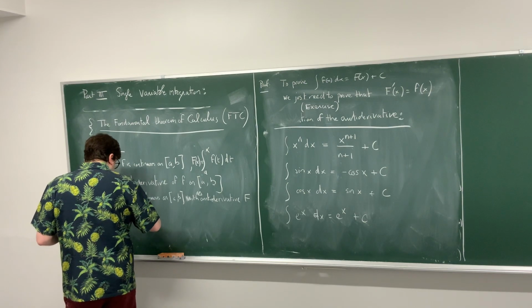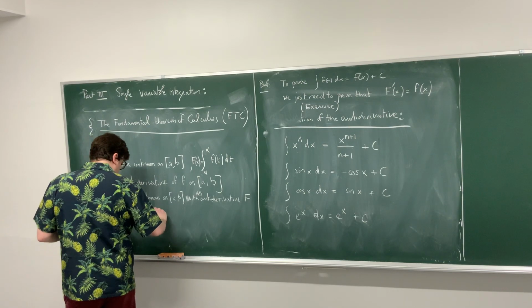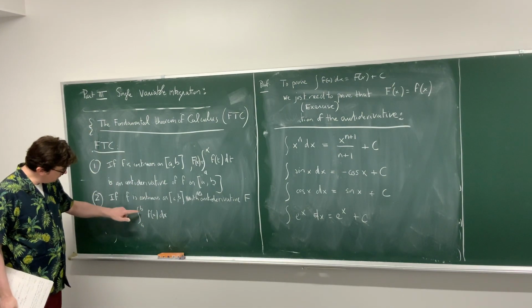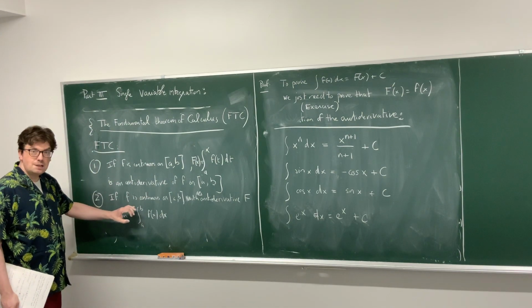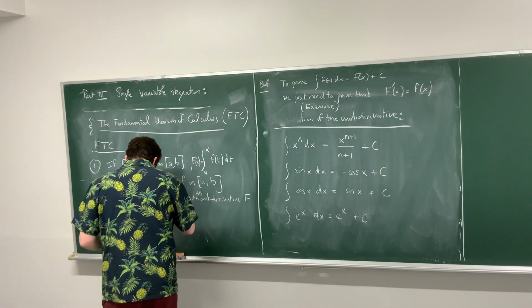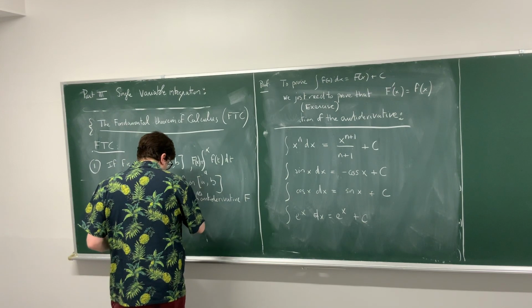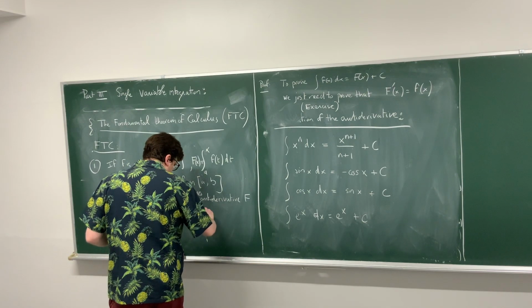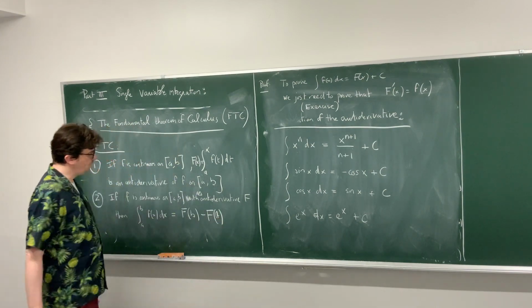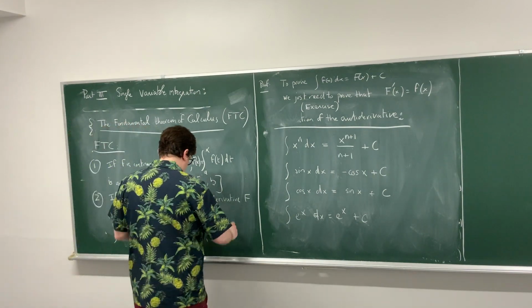So the definite integral, because if I write down here the bounds, it means that I'm using definition 1 or 2, definite. And this will be equal to what? It will be just capital F of b minus capital F of a.